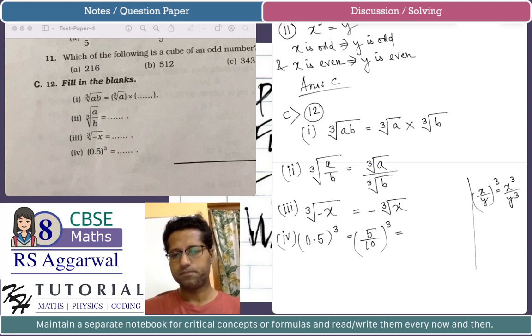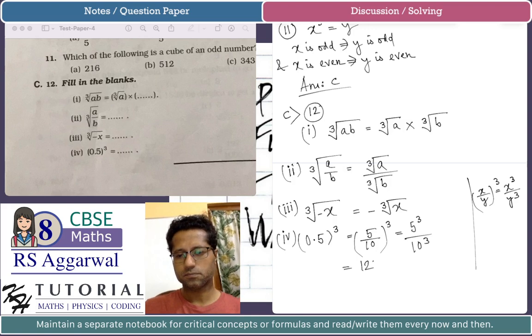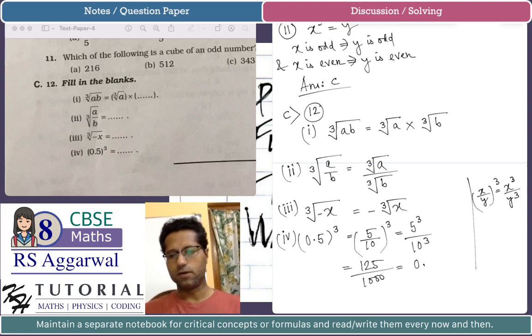So this will be 5 cube by 10 cube. 5 cube is 125 and 10 cube is 1000. Now we have to express the result as a decimal number. So this is 0.125.